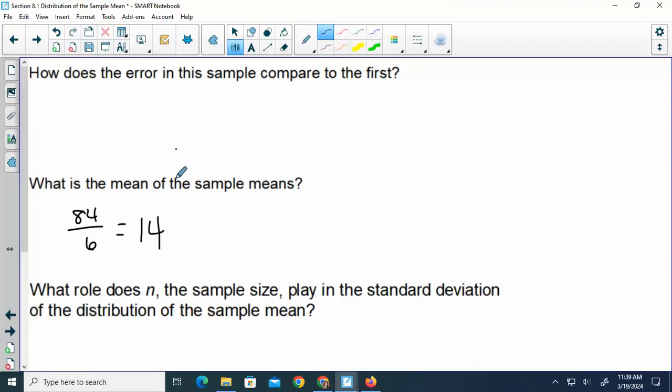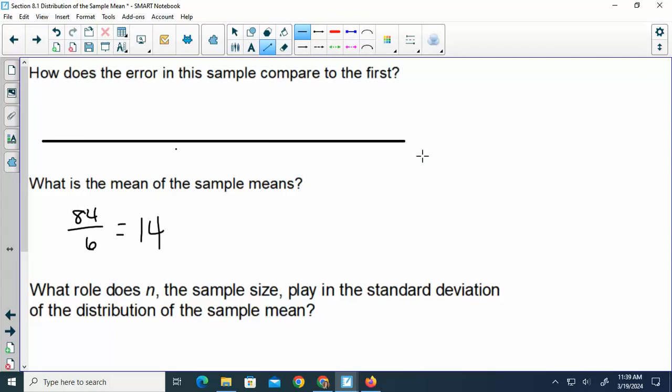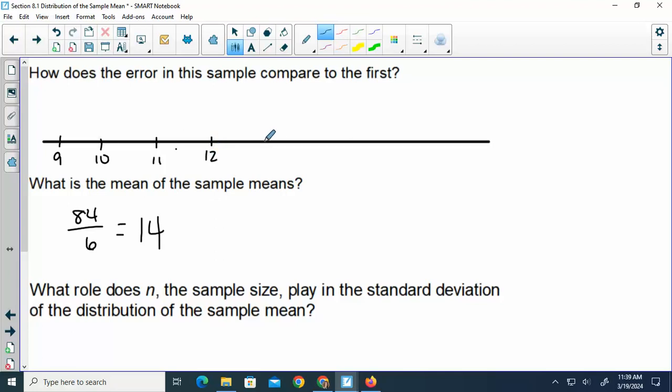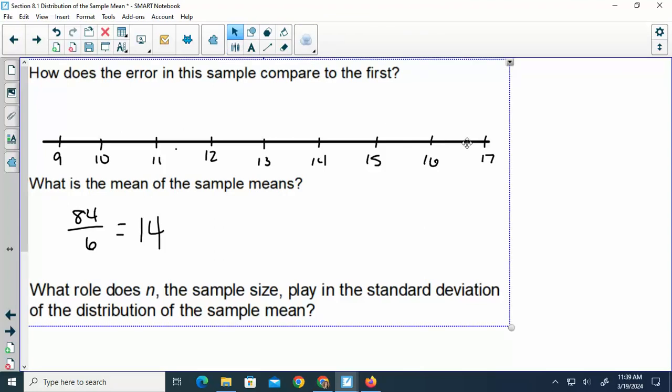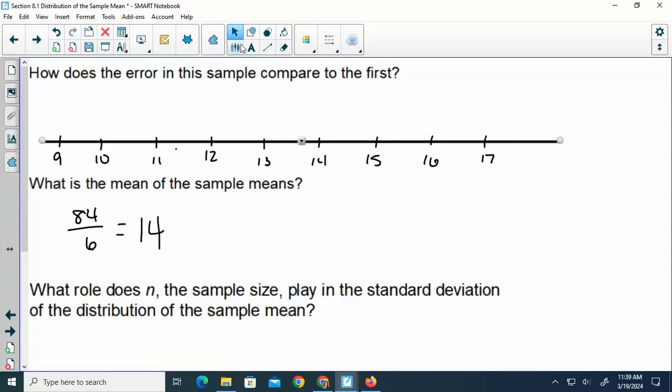Let's talk about the error in those. So if I just made a basic graph here, I'm going to plot all the different means we got.